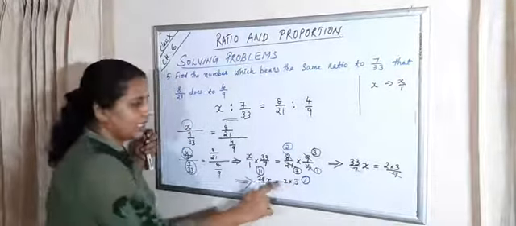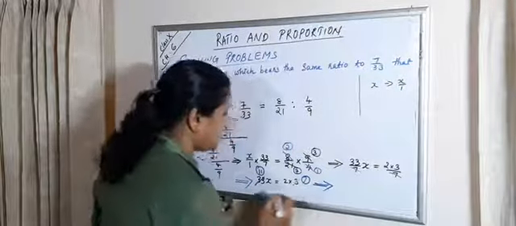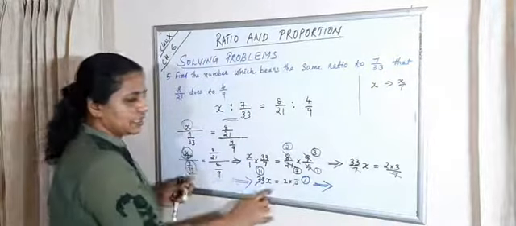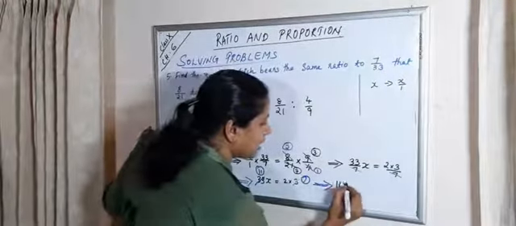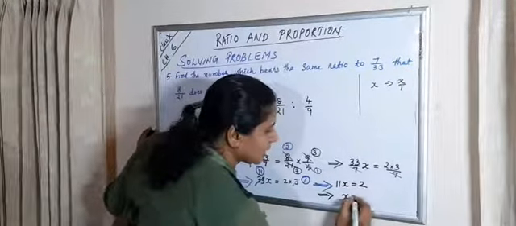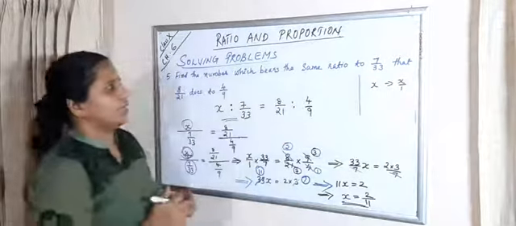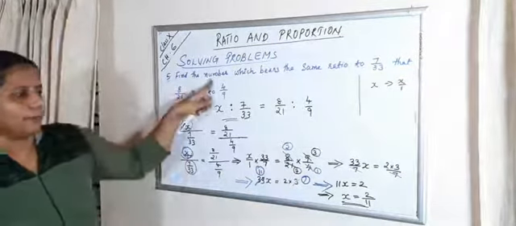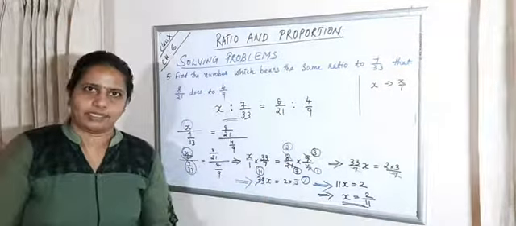So 11x is equal to 2, which implies x is equal to 2 by 11. You have to find the value of the number, that is, the number is 2 by 11. Clear?